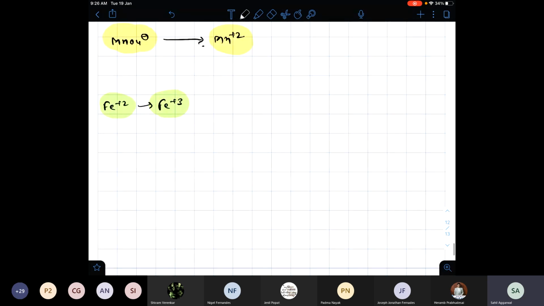Can you balance the two equations? One iron, plus 2 charge, plus 3 charge.